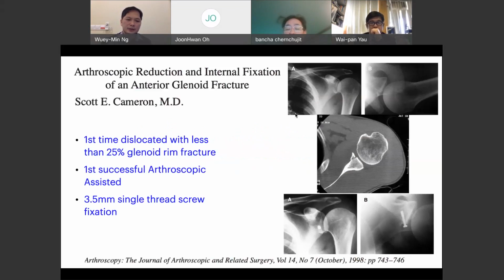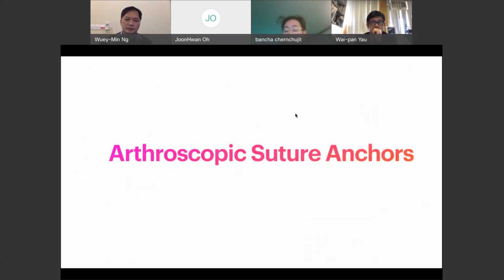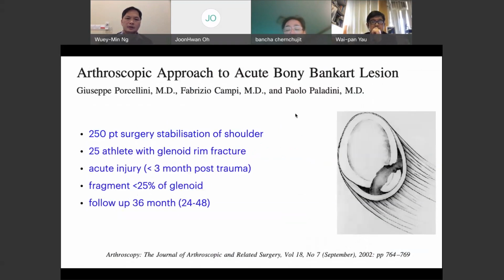They did it for a first-time dislocation, with glenoid bone loss of less than 25%. They used a cannulated screw with the arthroscopy-assisted technique. Subsequent authors also advocated using the arthroscopic approach for this bony Bankart.